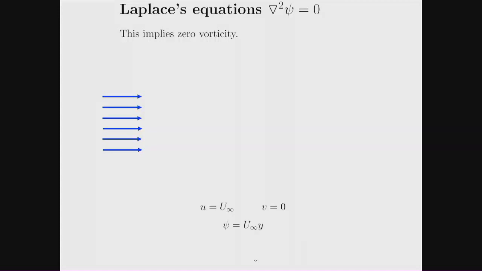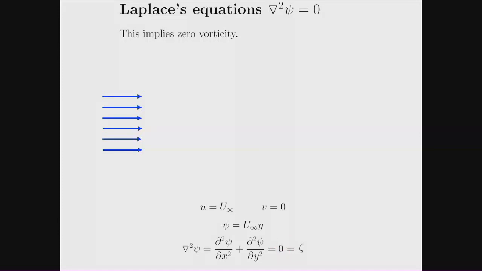Okay, so let's say I have a parallel uniform flow, right? You know my stream function for that flow is just psi equals u infinity y. Okay, and if I take the Laplacian of psi, you can see that the Laplacian of psi is just equal to 0. Okay, meaning that my flow has 0 vorticity.